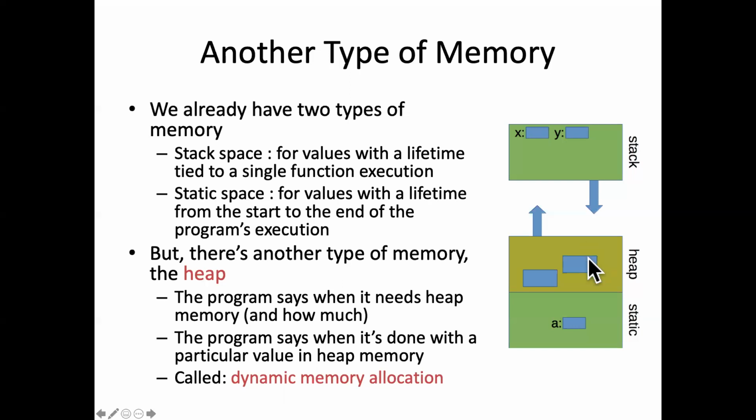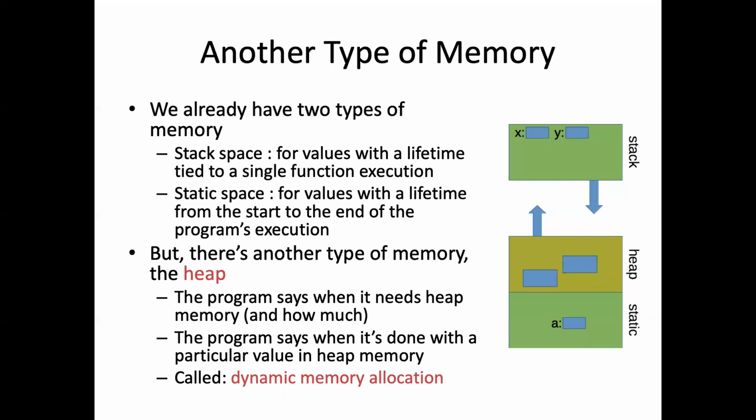Heap memory gives you control over when space is allocated and how long it stays around. So we'll see in a moment, there are functions you can call where you ask for more heap memory, and then you can use that memory for as long as you want. The runtime environment will set aside that memory for you until you say that you're done with it.